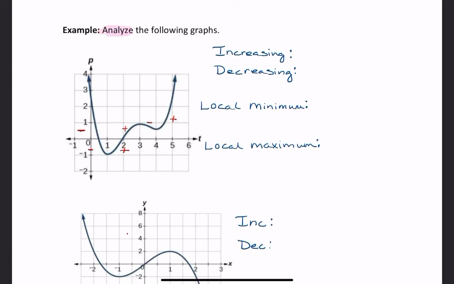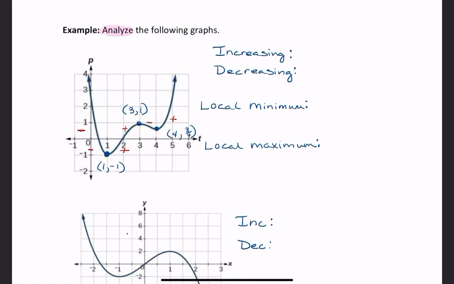So let's get all those points labeled. This point would be at (1, -1). This point would be at (3, 1). And this point would be at 4, let's say 4 and 3/4. It's a little over a half there, or 0.75.